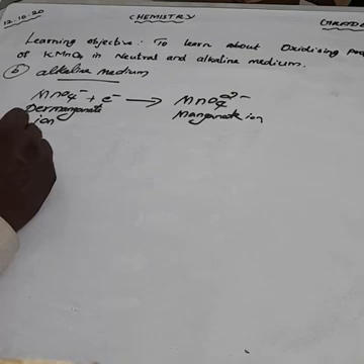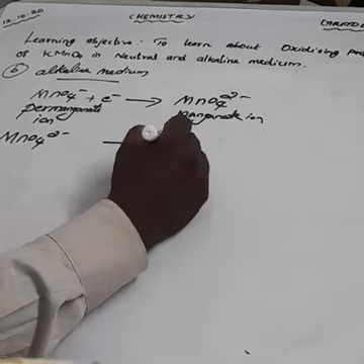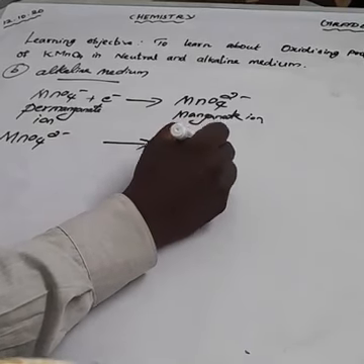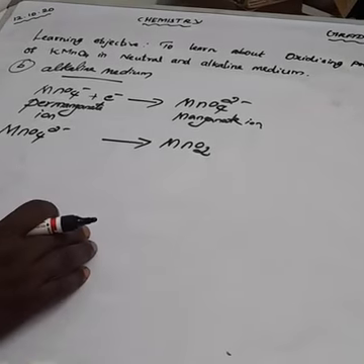Okay? Here, the manganate ion is further reduced to MnO2. The manganate, that is the MnO4 2 minus ion, is further reduced into MnO2. How is the reaction going? By some reducing agent. We are adding some reducing agent.